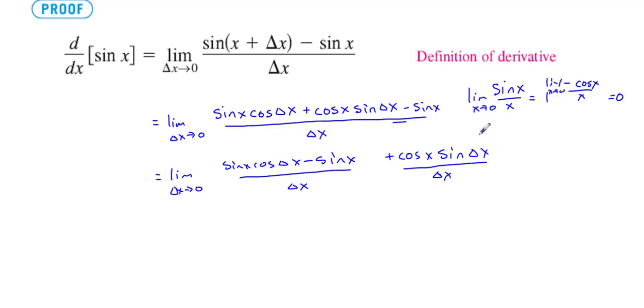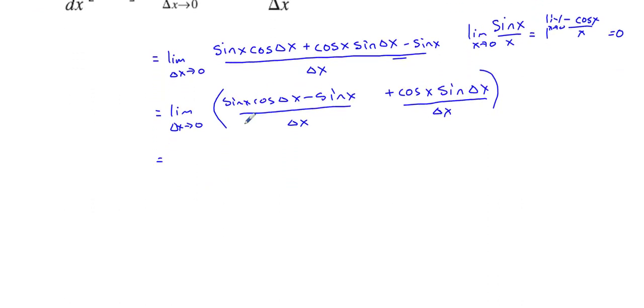Now we have two terms, so I got to put parentheses around this. Let's factor out a sine of x. So that'd be cosine delta x minus 1. Ooh, that's kind of fun. It's looking kind of like this, right? And then we got cosine x. Well, we have a sine of delta x over delta x also. We're kind of setting up these limits.